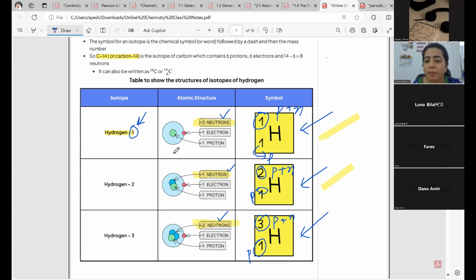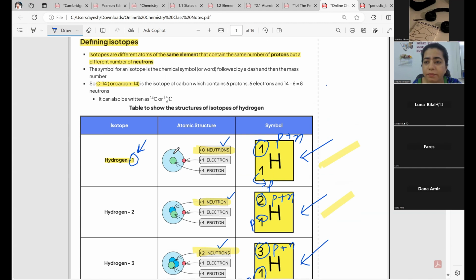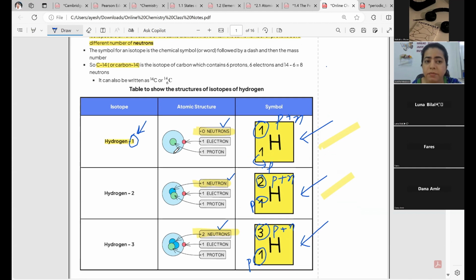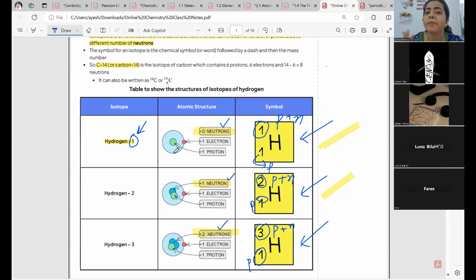Yes, Wafia. If an atom turns into an isotope, is it different from normal atoms? No, it is not turning into an isotope. In air, if we have hydrogen gas, all these 3 isotopes are present in the air.